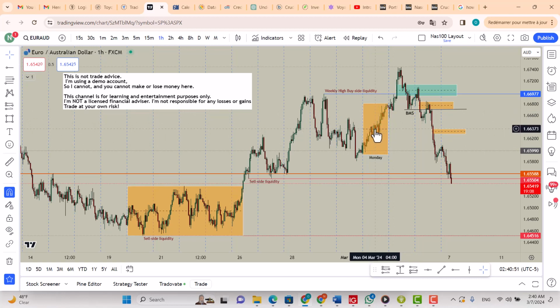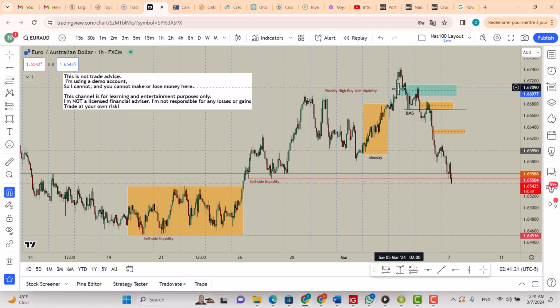We will elect to trade only after one side of the marketplace has been engaged. Like here, we knew at the beginning of the week that there is buy side liquidity over here, and we're very happy to see that Tuesday's trading tapped into that buy side liquidity and then reversed, leaving an inversion fair value gap right here.